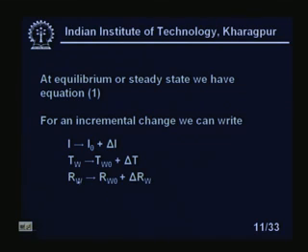R W is the resistance of the wire; in the steady state equation we wrote R W naught, and here we write R W naught plus delta R W. Then U V equals U V naught plus delta V.